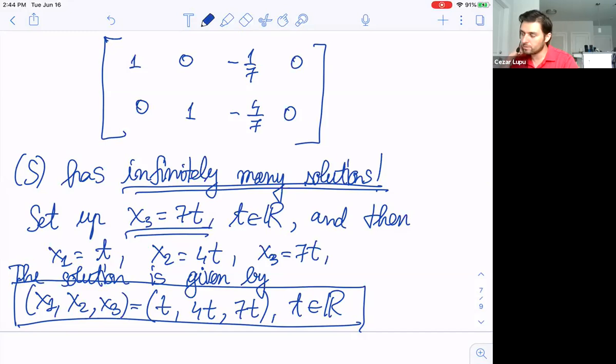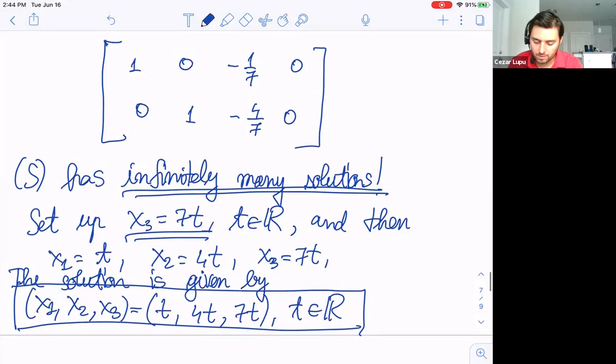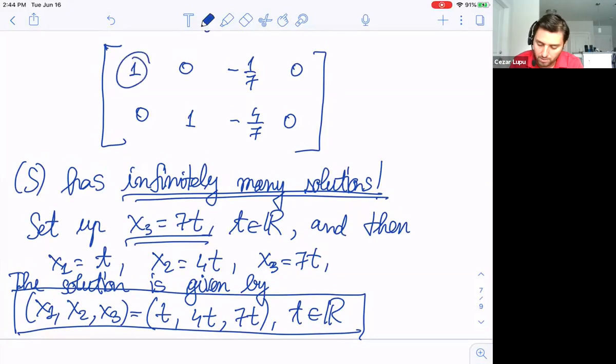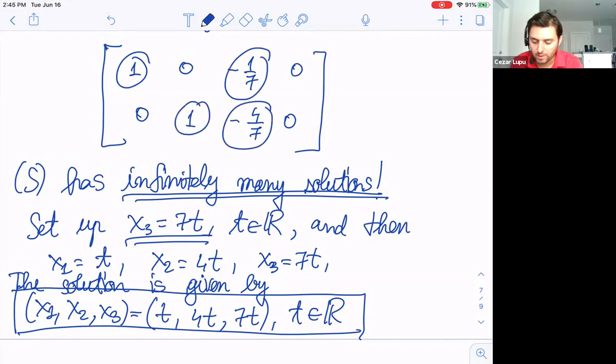Well, just look at it, right? So you have, this is x1 here, this is x3 here, this is x2 here. This is the position for x1, this is for x3, and again this is for x3, and this is for x2. So I can write x1 in terms of x3, right?